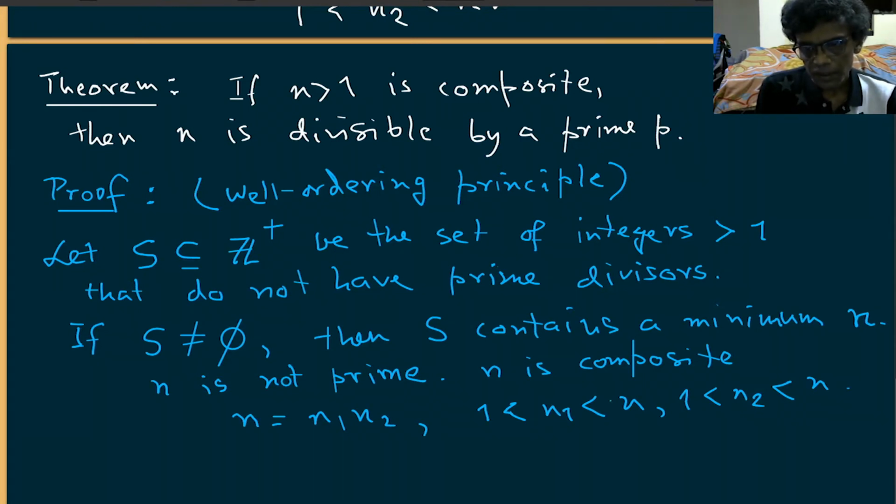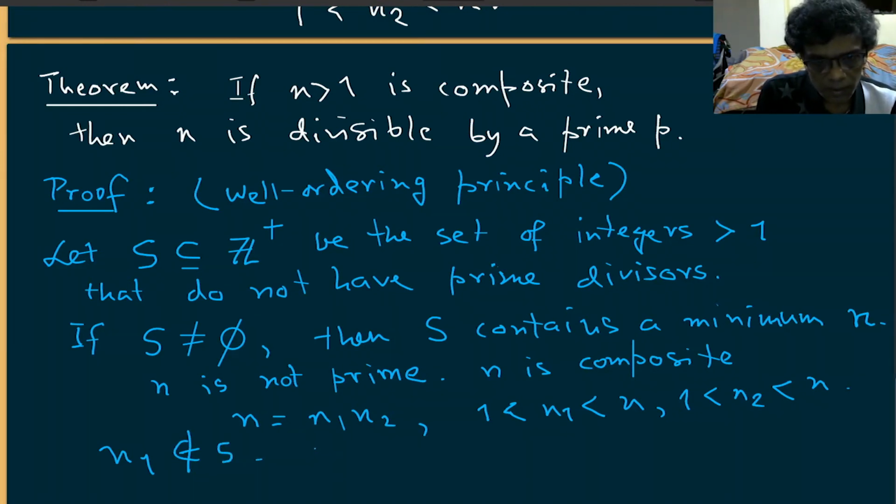Now, since N1 is less than N and N2 is less than N, each of these are not in S. So, in particular, irrespective of whether they are prime or not, N1 and N2 have prime divisors. Okay. So, N1 in particular does not belong to S because it is smaller than N.